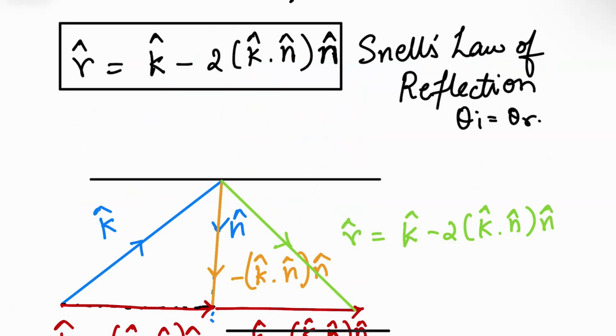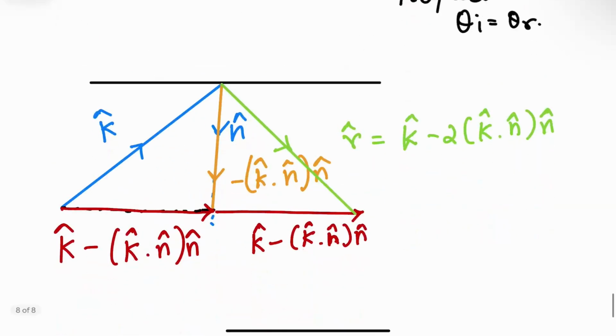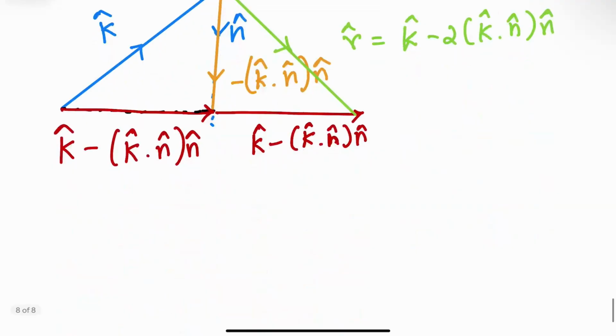But what I wanted to show you here is that you can derive Snell's law from the stationary phase approximation applied to the physical optics integral. And that's a very nice result, because essentially we are saying that ray optics is an approximation to physical optics, which is an approximation to the full wave integral equation.